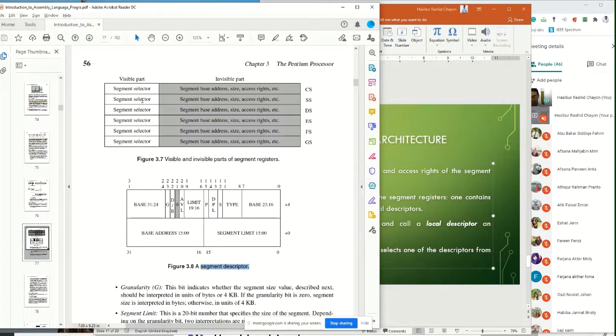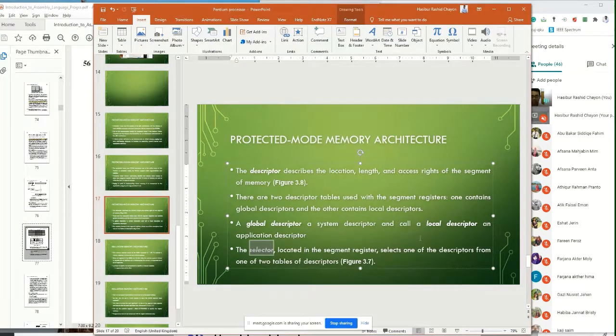We save a selector into the segment register so that the processor can understand which memory is active. But when you go deeper into the selector inside the segment register, you can see that the selector gets its value from one of the descriptor tables. So now the question is, what is the descriptor? Very generally, a descriptor is the description of the memory location, the length of that memory location, and also the access rights.